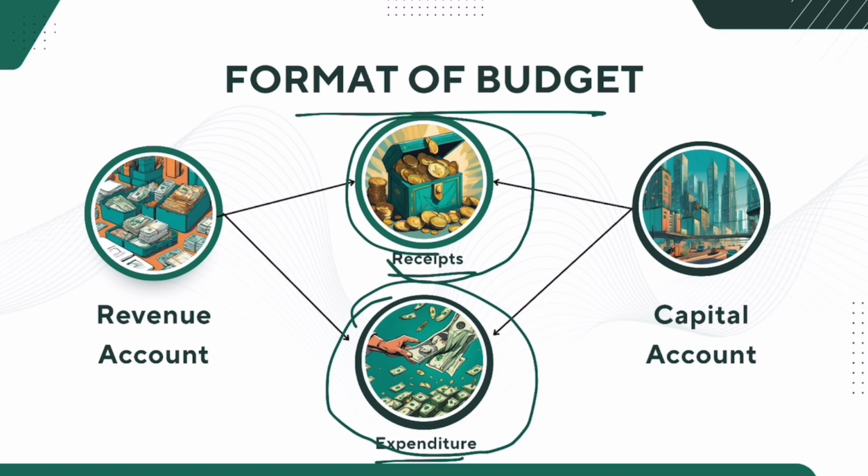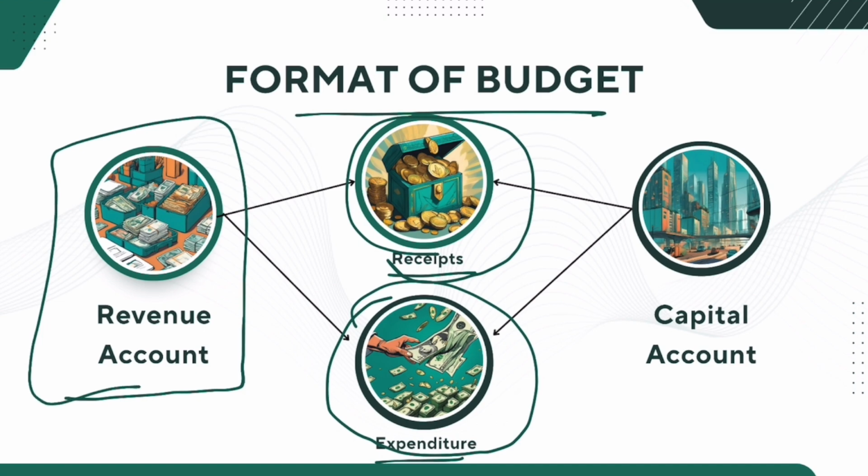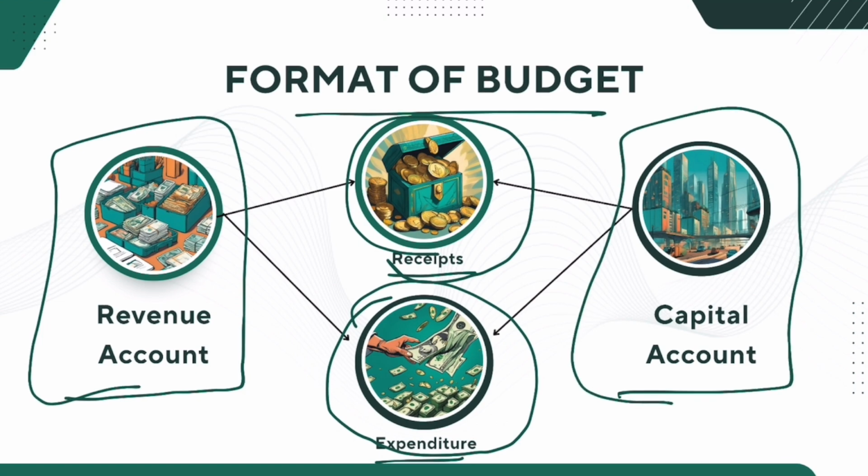Now, these receipts and expenditures are divided into two parts. Revenue account, so we have revenue receipts and revenue expenditure. Capital account, capital receipts and capital expenditure. Basically, the reason why budget is divided into these two parts, revenue account and capital account, is because it is mentioned in the Constitution of India.